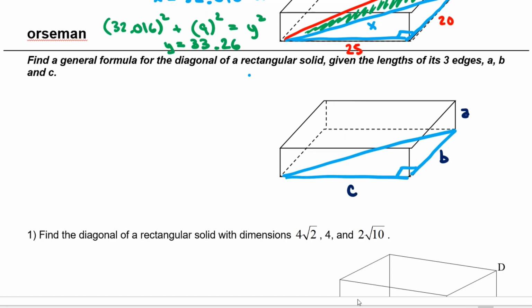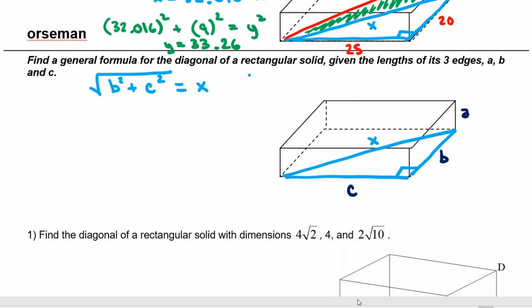Okay, so that diagonal there, let's call it x. It's going to be b squared plus c squared equals x squared. So I know that x will just be the square root of that, right? If I'm solving for x, I'm just going to take the square root of both sides.